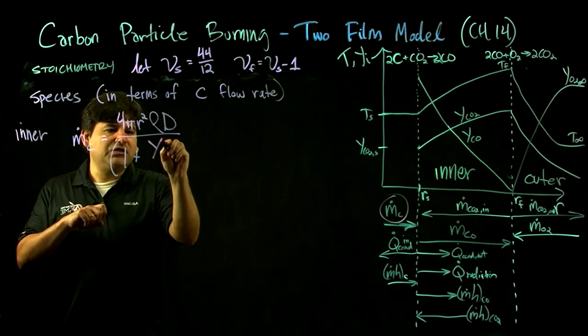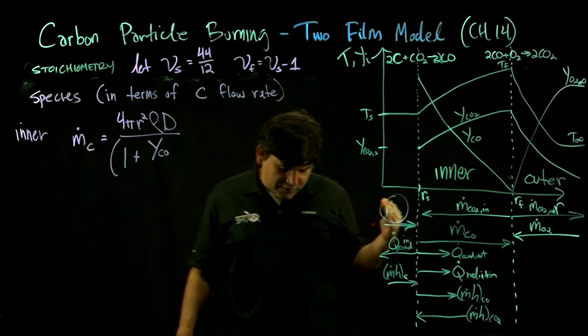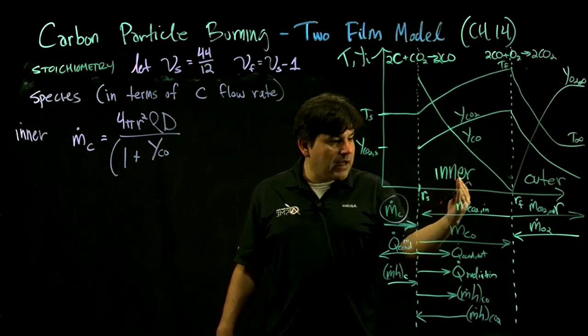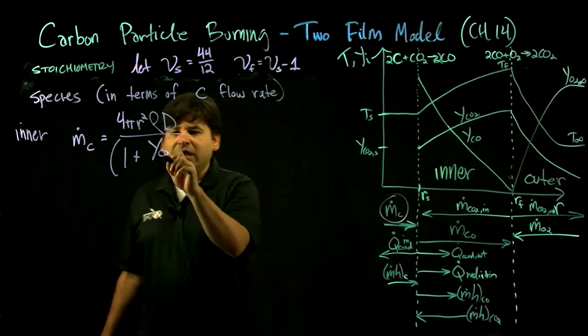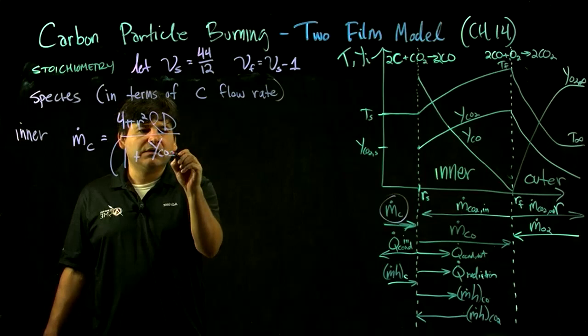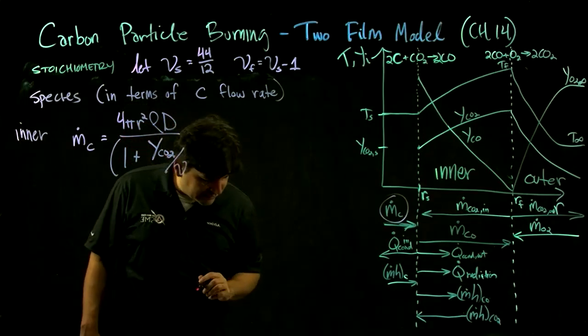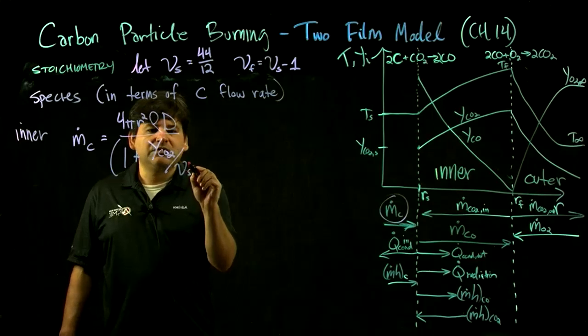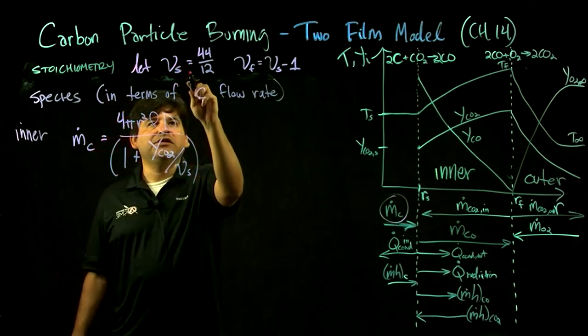So this is tracking the CO2 coming in the inner region, from the flame to the surface. So the CO2 anywhere in the inner region has to balance according to this stoichiometric ratio, the stoichiometric coefficient at the surface.